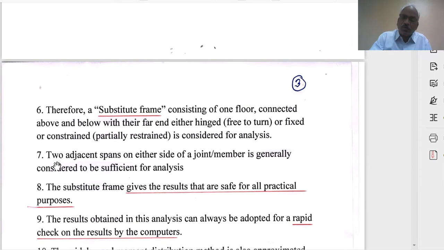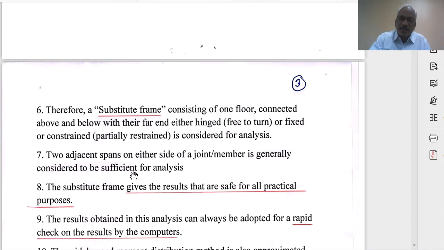Right. Now, as I told earlier, we are not going to consider all the panels. Two adjacent spans on either side of a joint or a member are generally considered sufficient for the analysis.